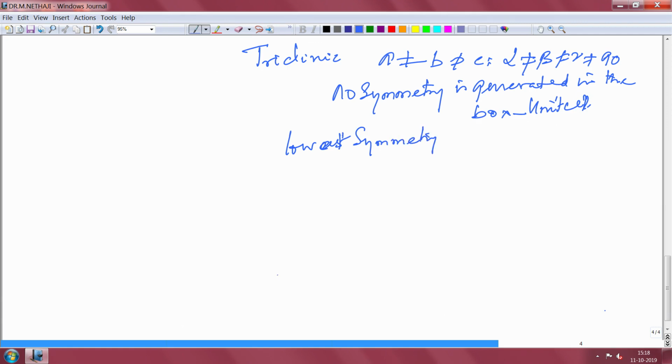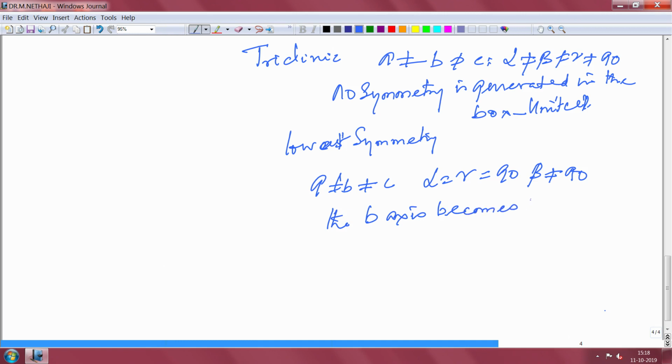Now, when we climb up, let us say A is not equal to B, not equal to C, and alpha is equal to gamma is equal to 90, beta not equal to 90. In this case, the B axis becomes perpendicular to the AC plane.